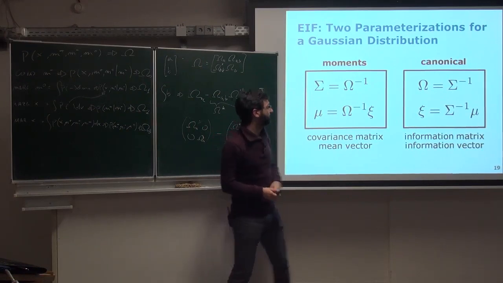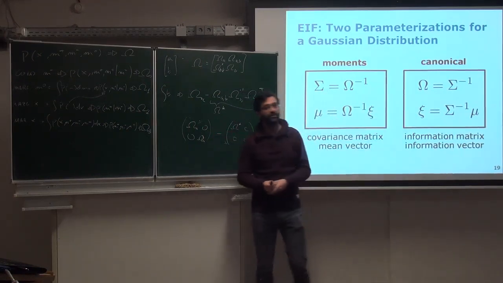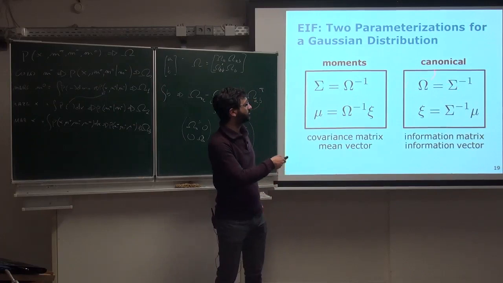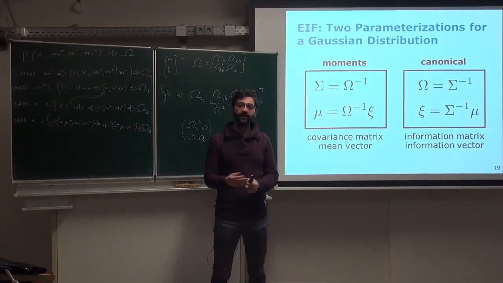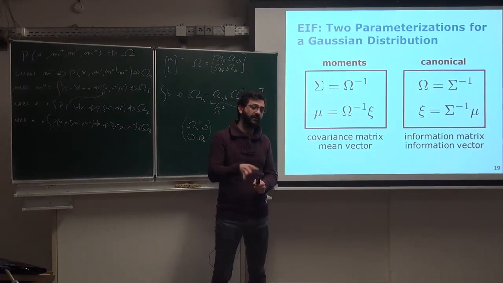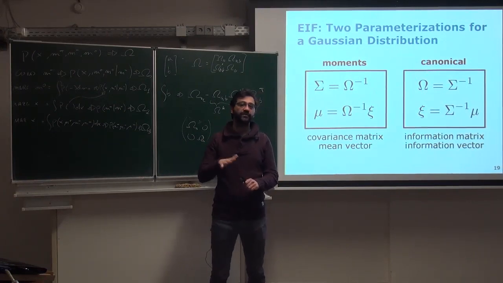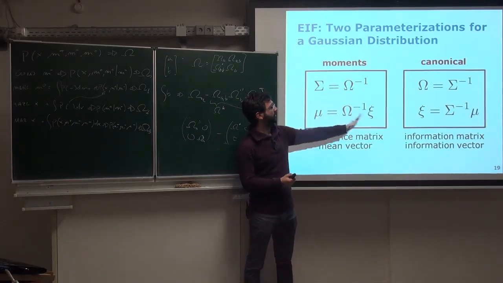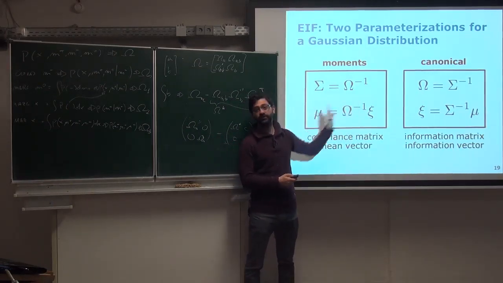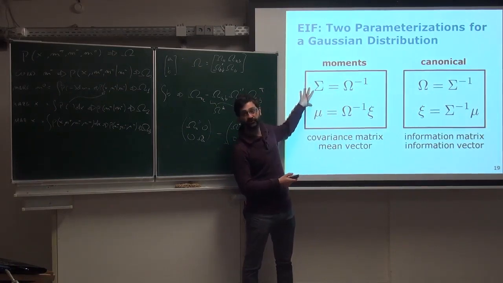Okay, this has an importance also in machine learning and in statistics, because those parameters here are what's called the natural parameters of distributions and are connected to the concept of sufficient statistics. For the Gaussian case, you have this mapping between 1 and 2, so you can also use this as sufficient statistics.